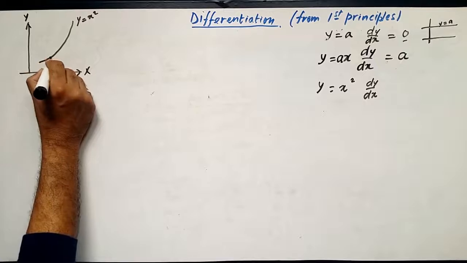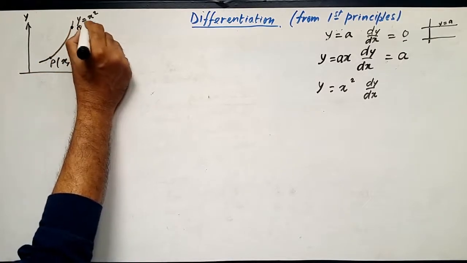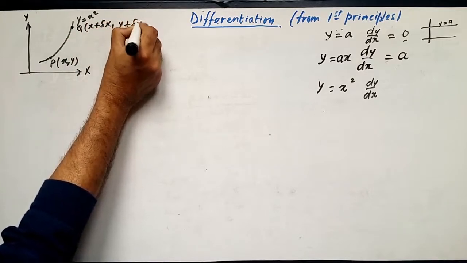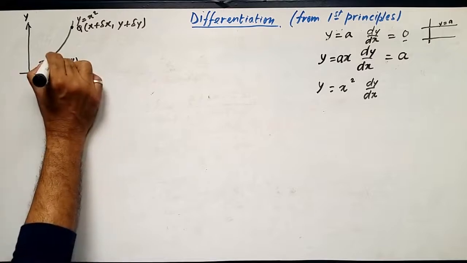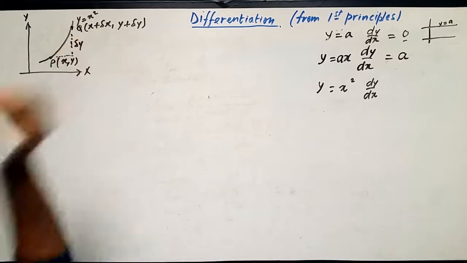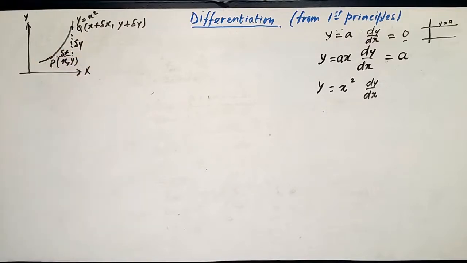Let's take a point P, x and y, and a point Q, x plus delta x and y plus delta y, as in the previous example, where we all know that the displacement on the y-axis is delta y and the displacement on the x-axis is delta x.